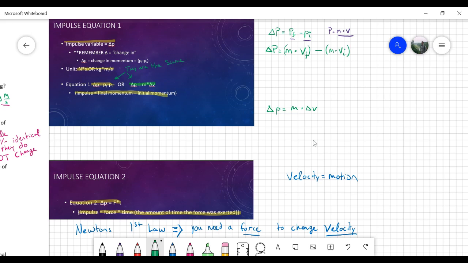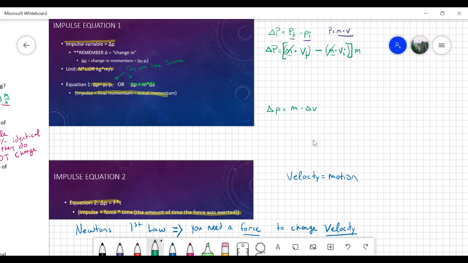So like this would be a car slowing down. The mass of the car does not change from where it starts to where it ends. So this mass and this mass are equal. So we can do something that we call factoring out. So you draw brackets around there. You take the m, the mass from both of those terms, you bring it to the outside. That cancels these out. Okay?